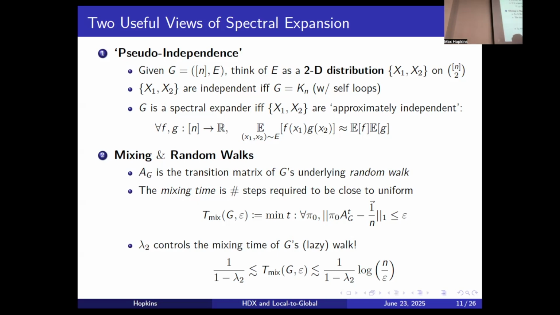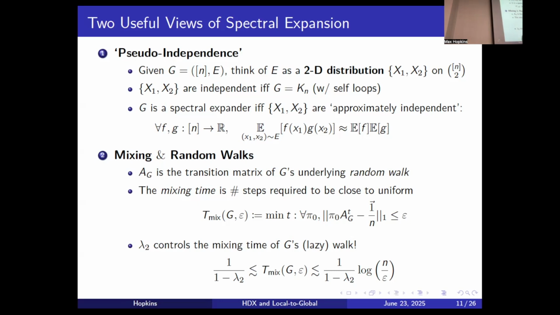But lambda 2, essentially up to a log factor in the number of vertices, controls the mixing time of the graph. So this is another very powerful way to think of spectral expansion. And again, you can feel this is related to no bottlenecks and the combinatorial expansion we described before. You should only mix if there are no bottlenecks. But here, hopefully, it's fairly clear roughly why this is true.